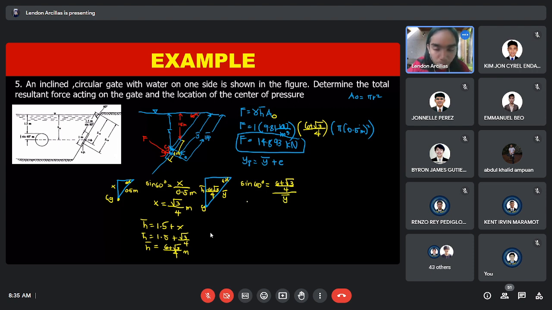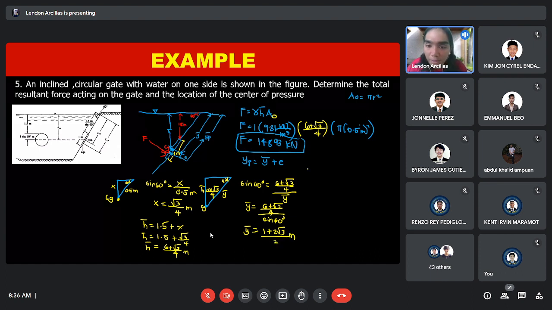Okay, so y bar therefore is 6 plus 3 plus square root of 3 over 4 over sine 60. Okay, y bar is 1 plus 2 square root of 3 over 2. Naka-meters yan.